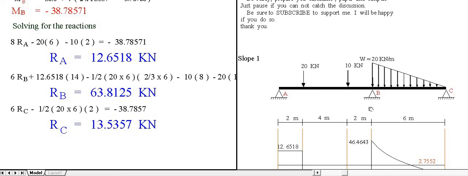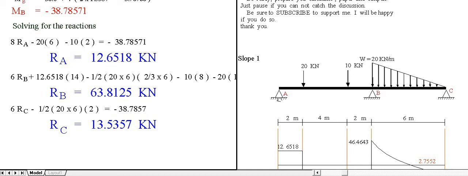cut section at B, then consider the left segment of the cut section. Moment at B is equal to 38.7857.